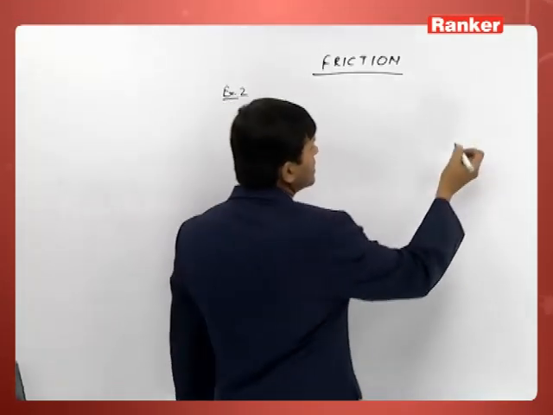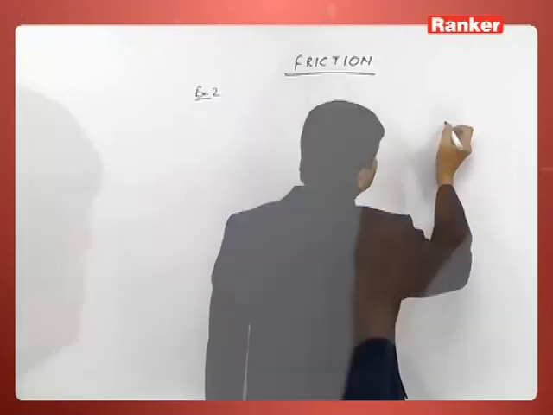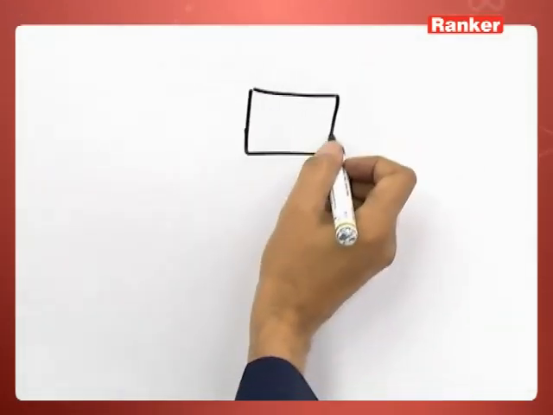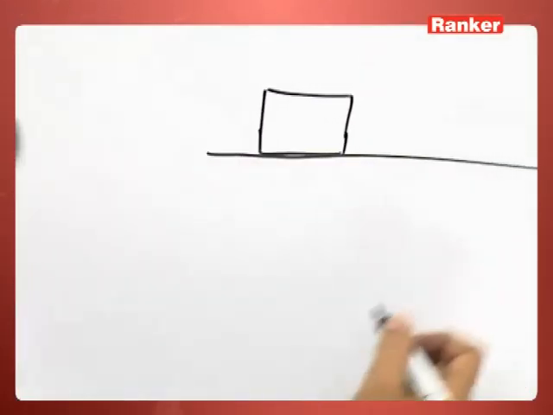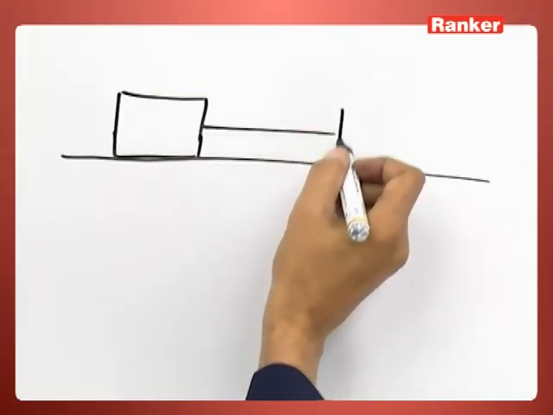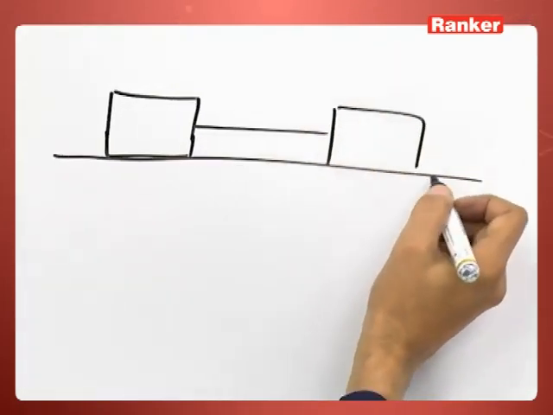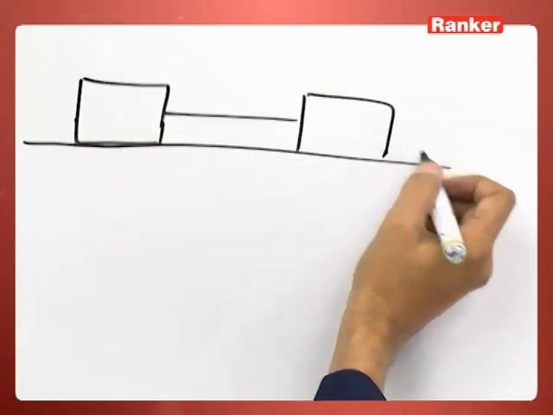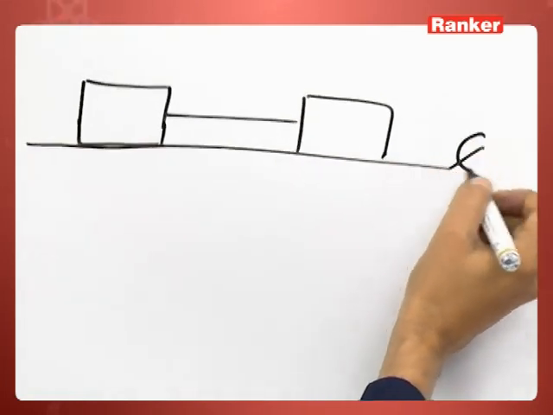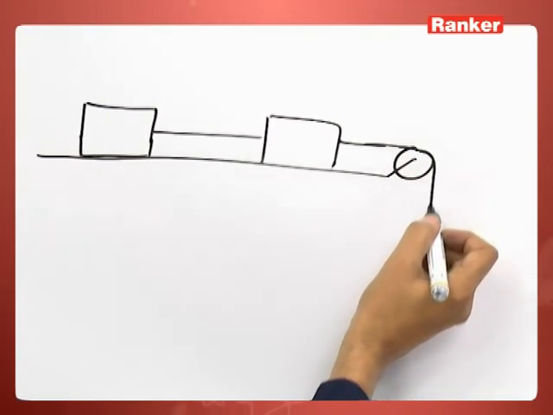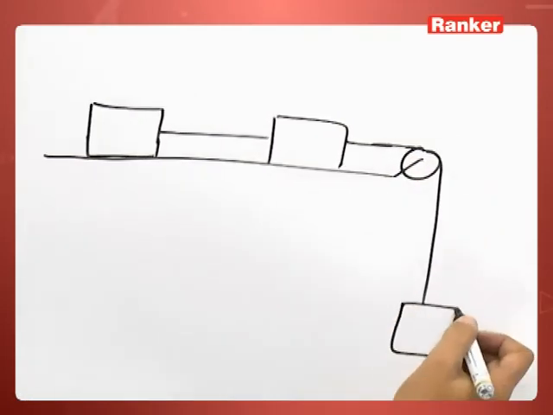Let in this example we are having two blocks which are kept on a horizontal surface like this.